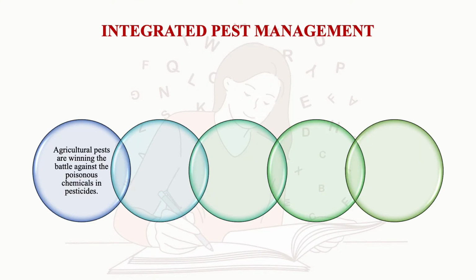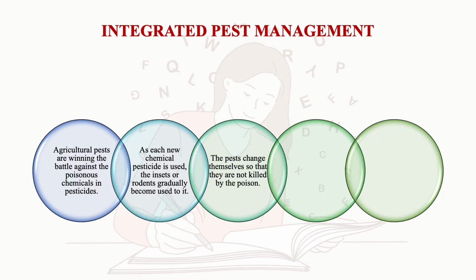The first paragraph has 5 different lines and they have been marked for you. The paragraph reads as: agricultural pests are winning the battle against the poisonous chemicals in pesticides. As each new chemical pesticide is used, the insects or rodents gradually become used to it.